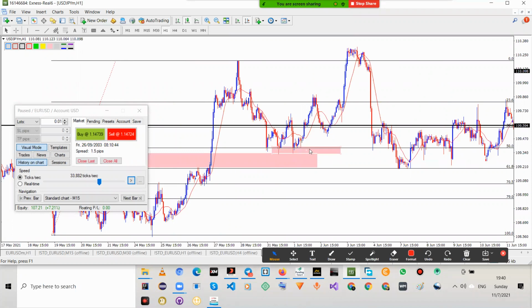My trade entry would be right about here, and my trade exit will be here because of the recent previous high.